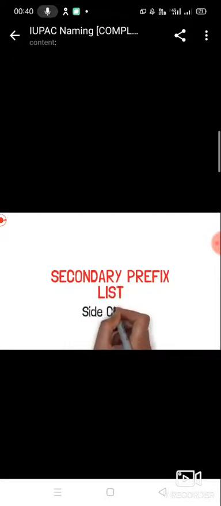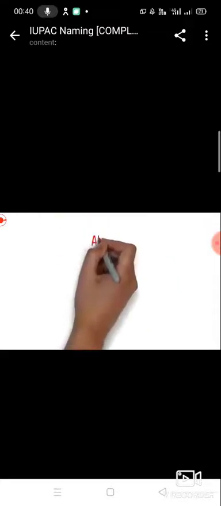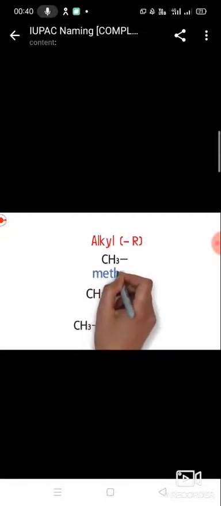Next one is secondary prefix. What do you mean by secondary prefix? It is a side chain or substituent. What all secondary prefixes will be there? Alkyl group. Alkyl groups are methyl, ethyl, propyl. If it is CH4, methane; if it is CH3, methyl.